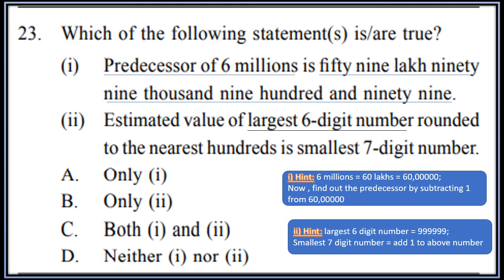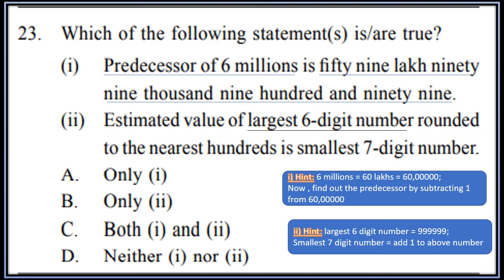Second is, estimated value of largest 6-digit number rounded to the nearest hundreds is smallest 7-digit number. Now hint is given for both. 6 million is 60 lakhs. Now find out the predecessor by subtracting 1 from 60 lakhs and then check whether statement 1 is true or false.